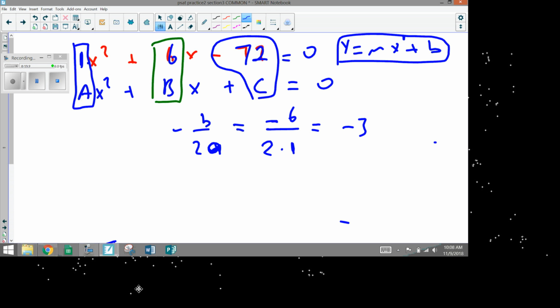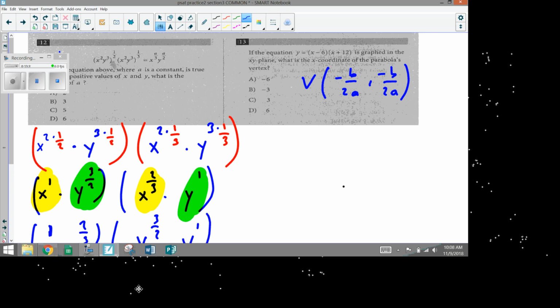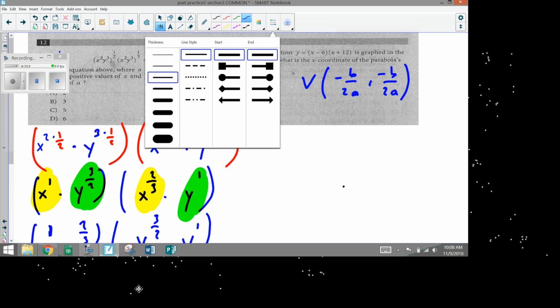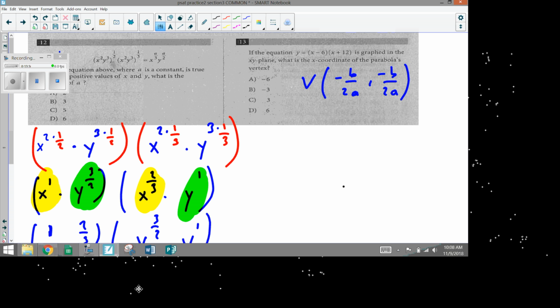Then let's distribute. I'm going to distribute this x. x times x, x squared. x times 12, 12x, right? Keep that in mind. Minus 6x, 12x minus 6x.